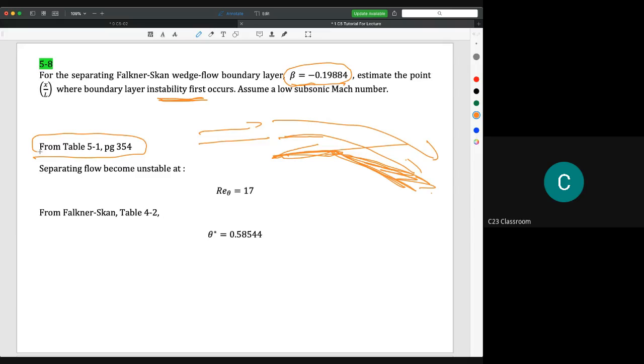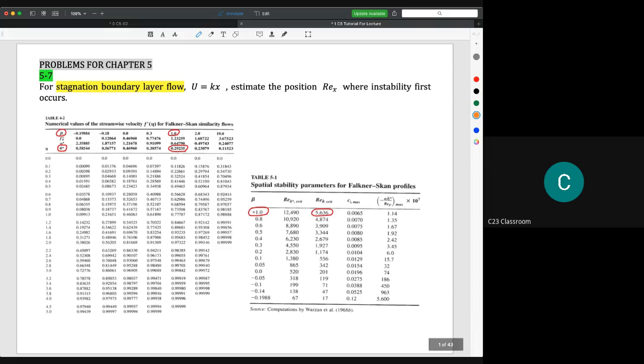So if we see here that beta is negative 0.1988, we found that Reynolds theta is equal to 17.